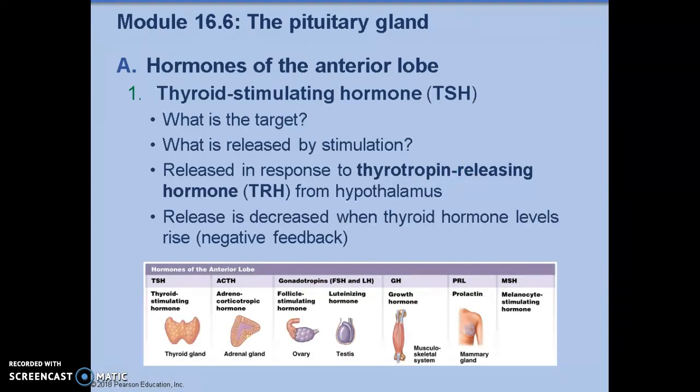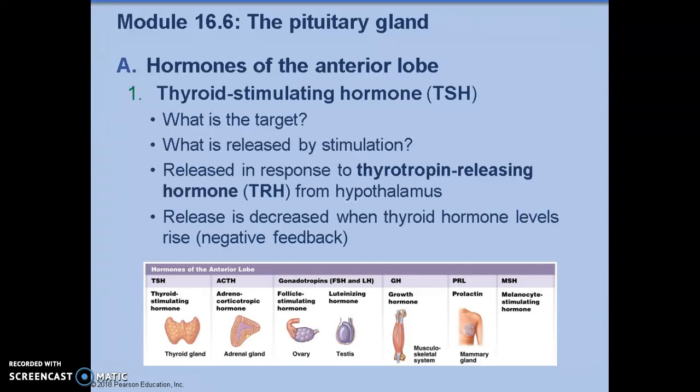So we're going over the different hormones of the anterior pituitary, and the first one is TSH, or thyroid stimulating hormone. By the name itself, what is the target? The thyroid gland. And what is released by stimulation? Thyroid hormones.